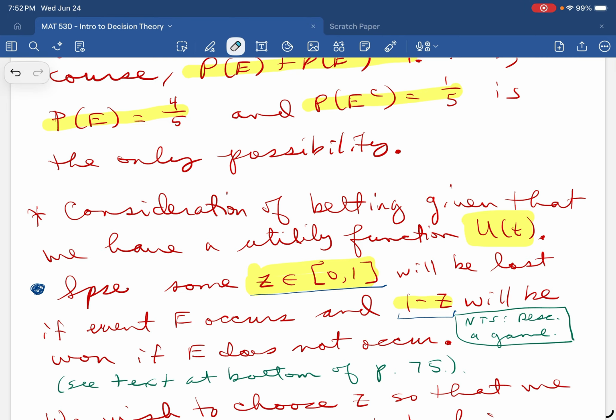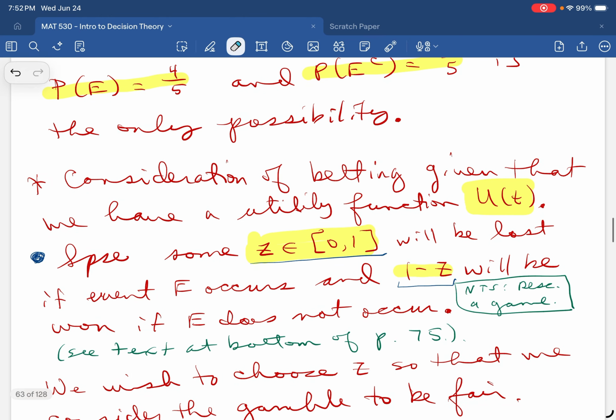Another method which can be used to help determine subjective probability is to go back to the idea of utility and the idea of betting. And so you suppose that there's some value z in the interval from 0 to 1, and that will be lost if the event E occurs, and then 1 minus z will be won if the event E does not occur. And then you just try to determine an appropriate z value.